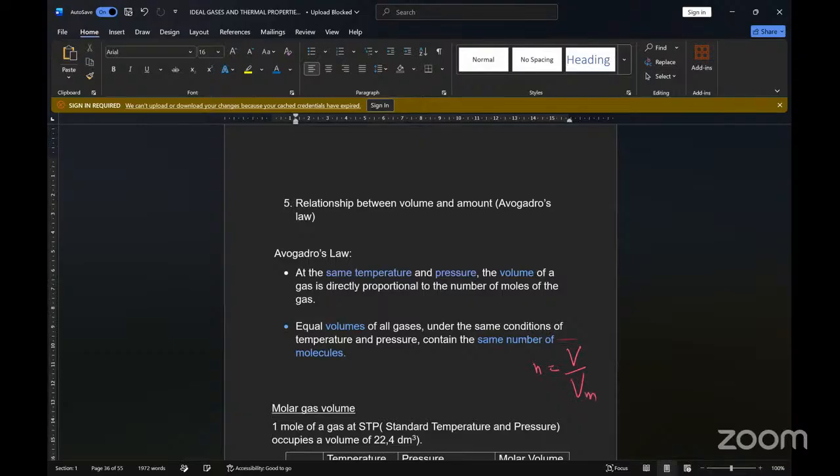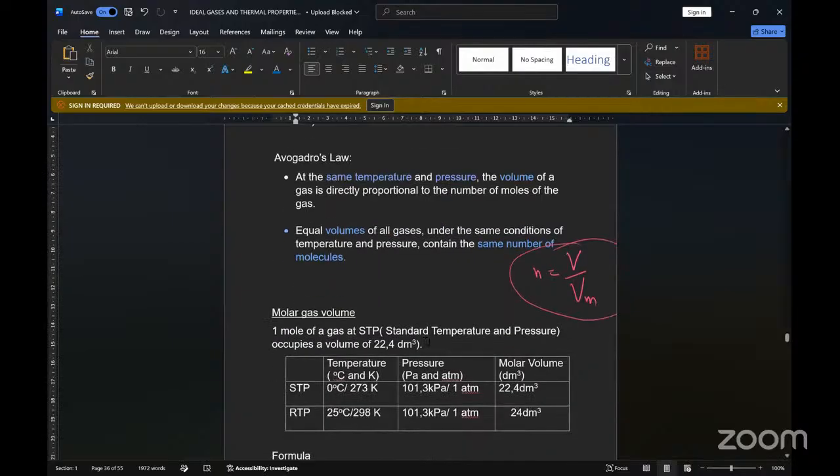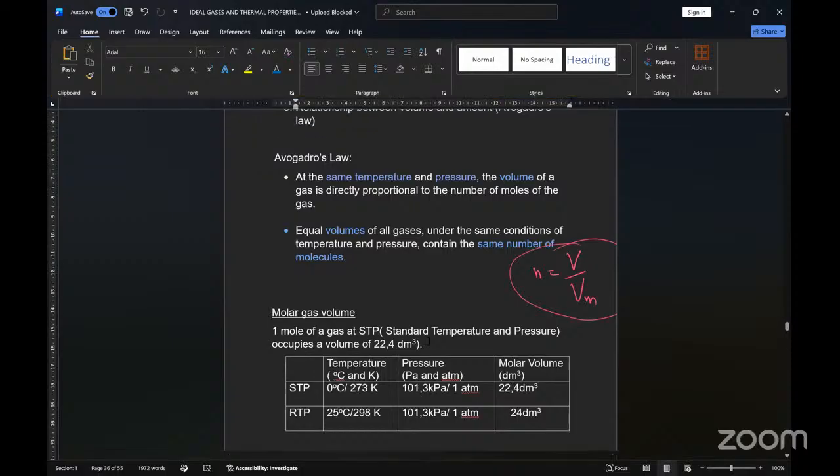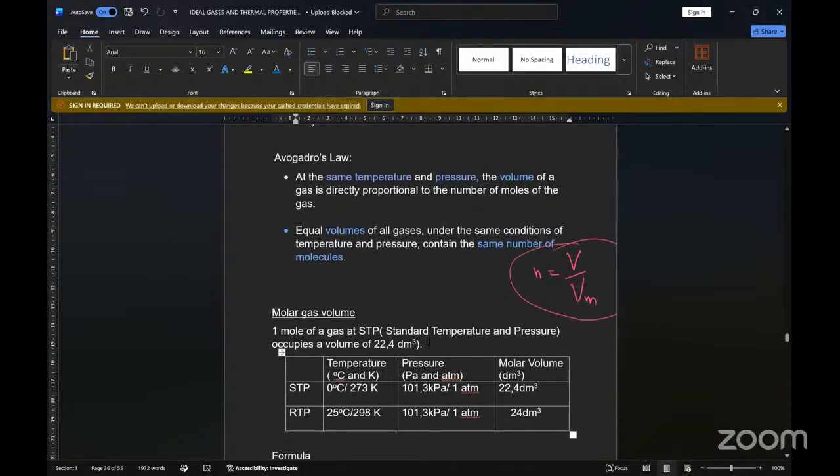So it was just derived from here. Avogadro's law states that at the same temperature and pressure, the volume of a gas is directly proportional to the number of moles of the gas, or you can say equal volumes of all gases under the same conditions of temperature and pressure contain the same number of molecules or the same number of moles.